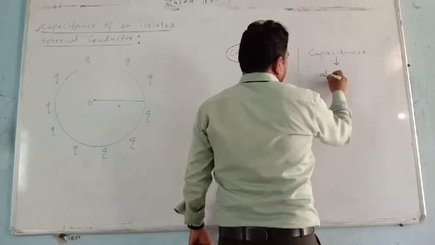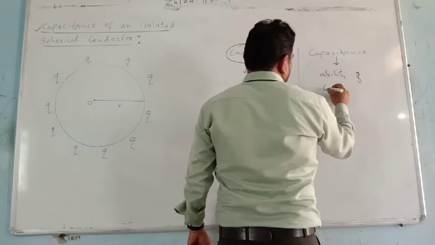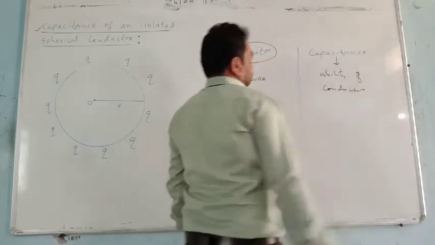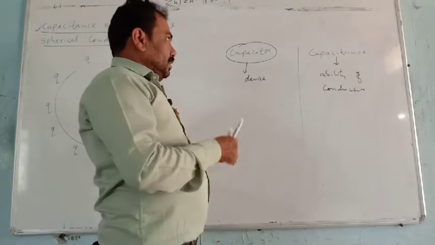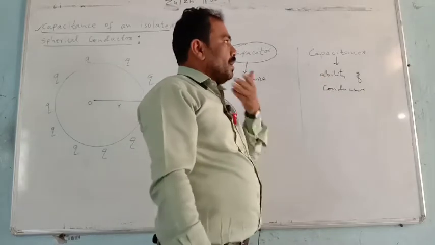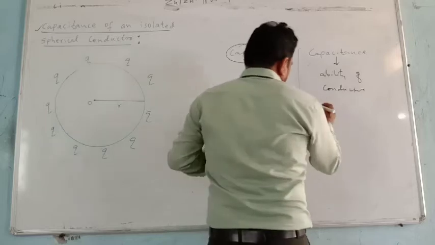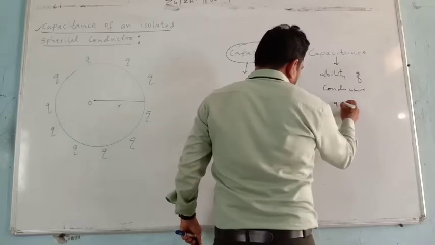It is the ability of a conductor, or we can say capacitor, to store electric charge, that is capacitance. Again, one particular formula is there, that is capacitance is exactly equal to Q by V.